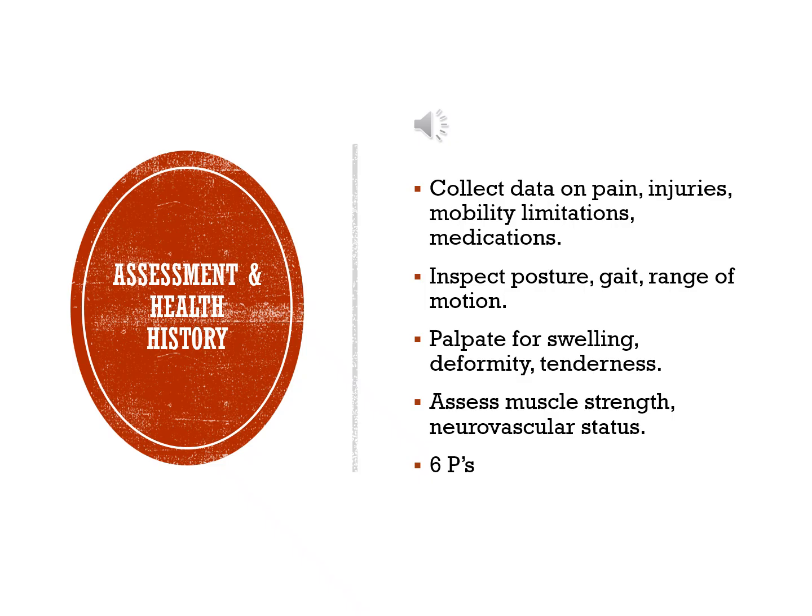The next P is paresthesia, so knowing if there's any loss of sensation or problems with feeling. Any paralysis, so that's total loss of function or anything going on with neurovascular status. Maybe the nerves are impaired or blood flow is impaired and it's leading to a loss of function. And poikilothermia.